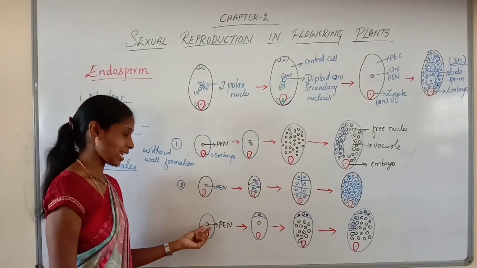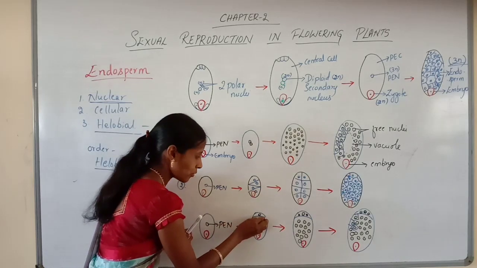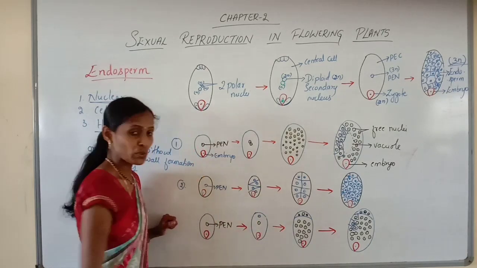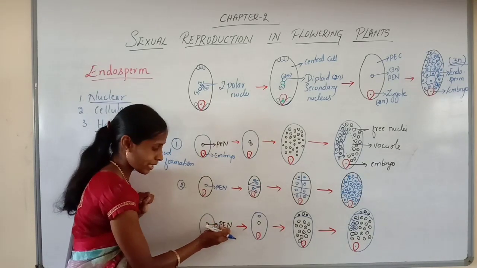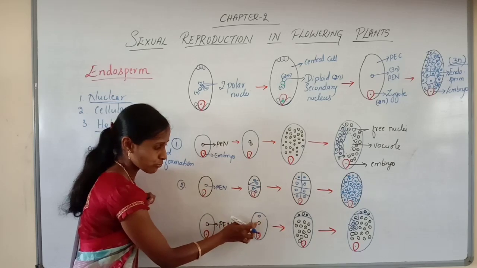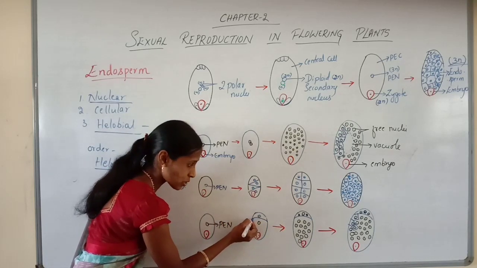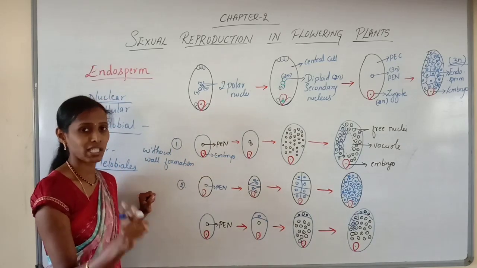So initially, at the first division, this primary endosperm nucleus divides to form two nuclei, which is immediately followed by cell wall formation, resulting in the formation of two unequal cells.